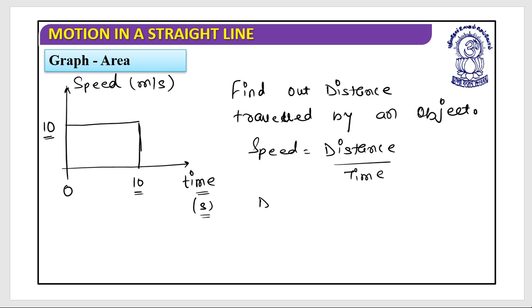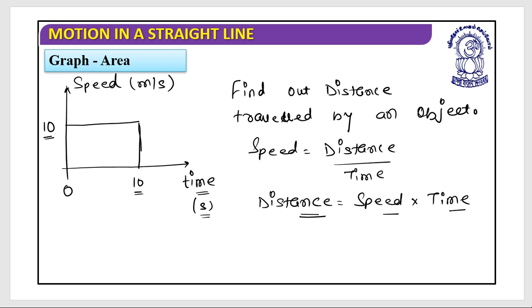That means distance should be equal to speed multiplied by time. So to find out the distance, I need to multiply speed with time.